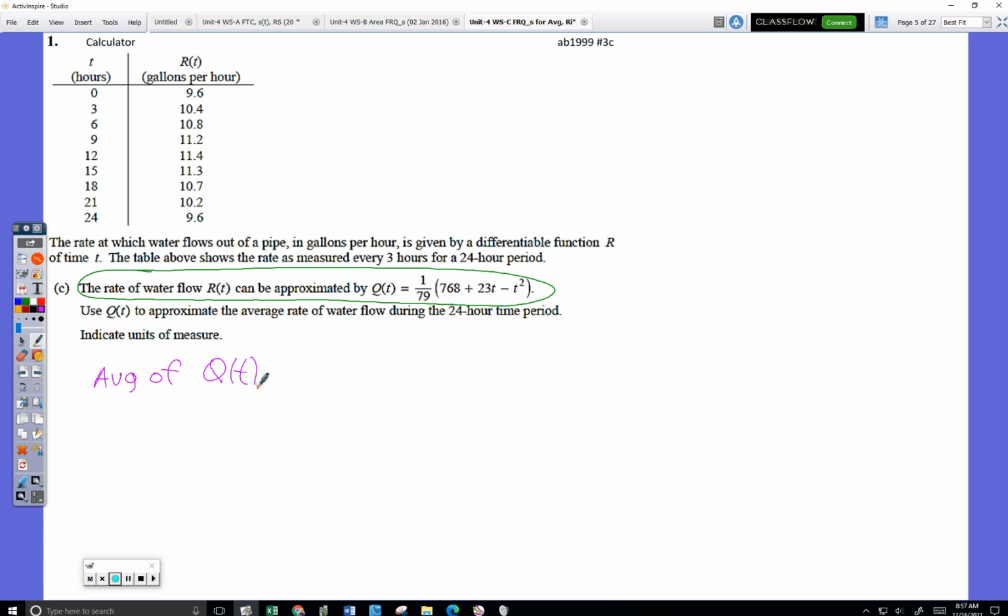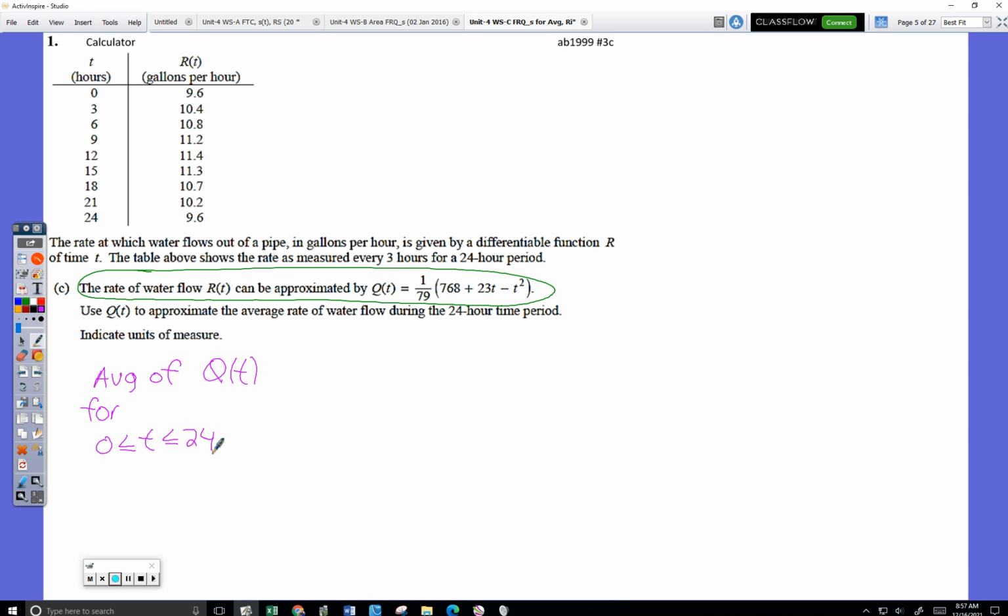It's for the time period 0 to 24. That's what we're finding, the average of Q for that time period. Not the average rate of change of Q, but the average of Q. Those both get tested.